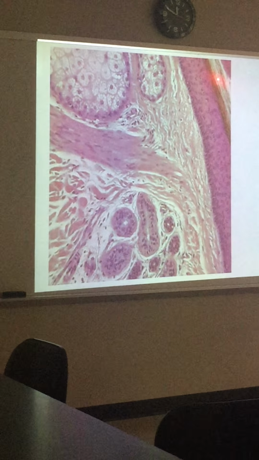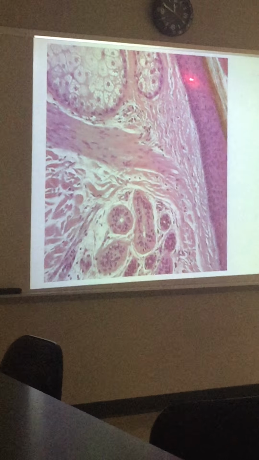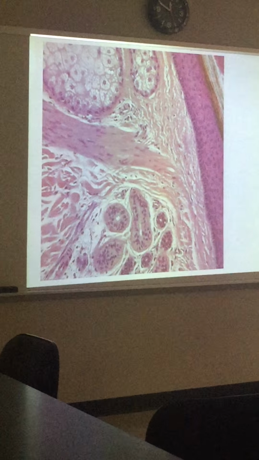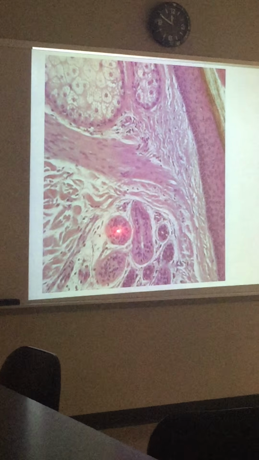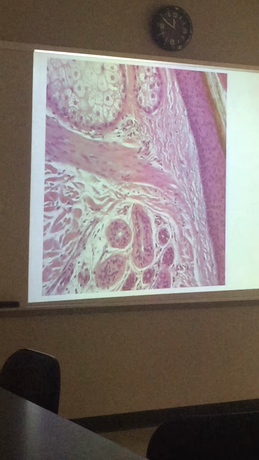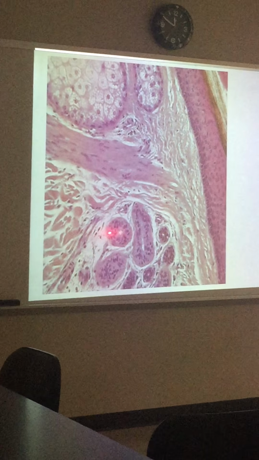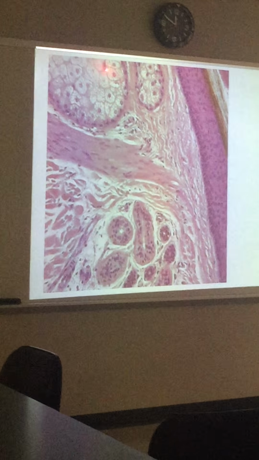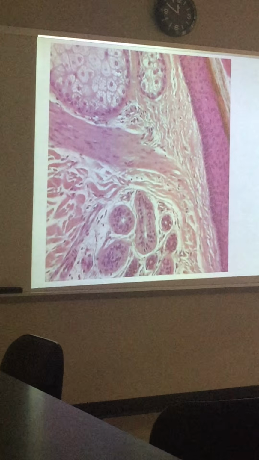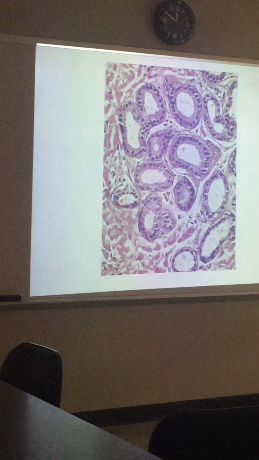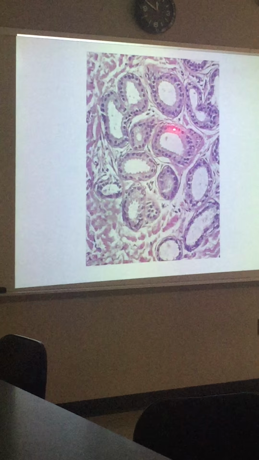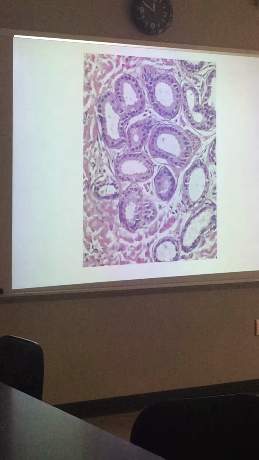It's a hair, so these are sebaceous glands. If they look oily, they are oily, sebaceous. And these are eccrine: thick wall, narrow lumen. These are apocrine: relatively thin wall, really wide open lumen.